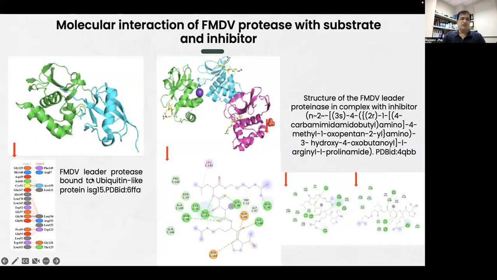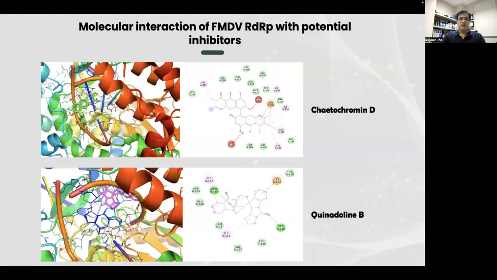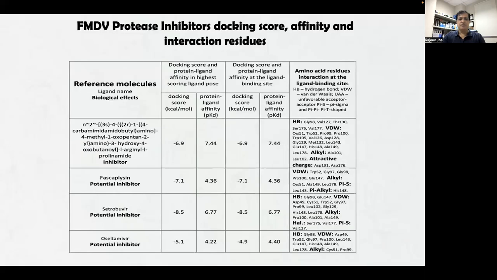So, FMDV leader protease bound to ubiquitin-like protein, and the second one is the leader proteinase in complex with inhibitor. Then molecular interaction of FMDV RdRp with potential inhibitors like ketochromin D and quinadoline B.